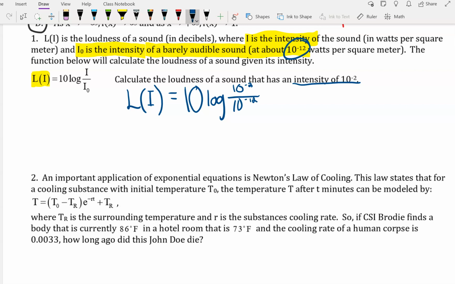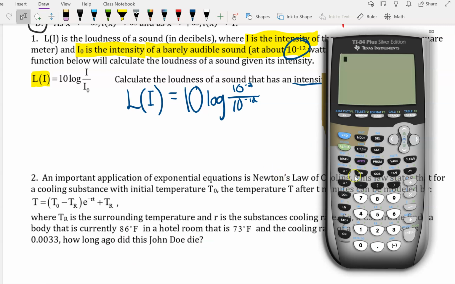And now all I have to do is type that into my calculator and then get an answer. So you want to be careful when you type it into the calculator. So we're going to do 10 log, and then I'm going to do a fraction. I just learned this recently. How to do this, we go alpha, and then this y equals button, and our first option is going to be the fraction. So that's really nice. 10 to the power of negative 2 over 10 to the power of negative 12.